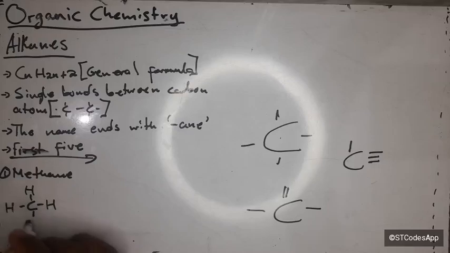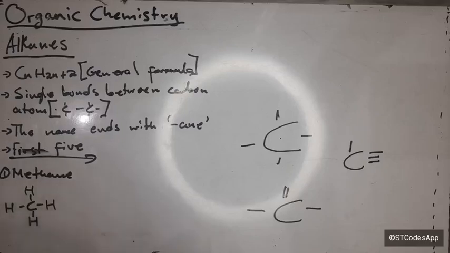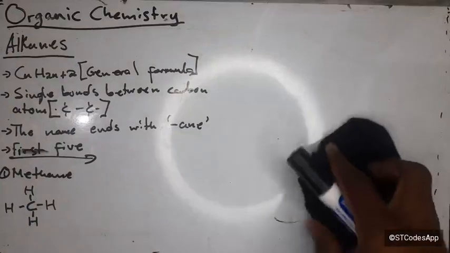So with methane, it's something like this. This is the first alkane you should know. It's called methane. And the molecular formula. Remember, what kind of representation is this? Structural formula. And I said it's my favorite the time I introduced it, because I'm going to be using it from now on. I love the structural formula.